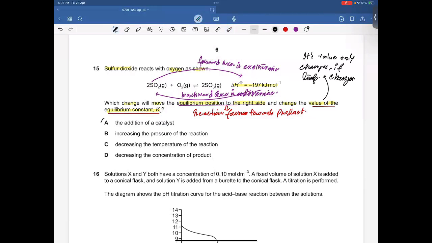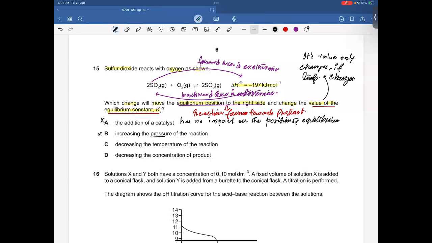This must be incorrect, because a catalyst never changes the position of equilibrium, it has no impact on the equilibrium position. So option A is incorrect. B is also incorrect, because Kc is only temperature dependent.